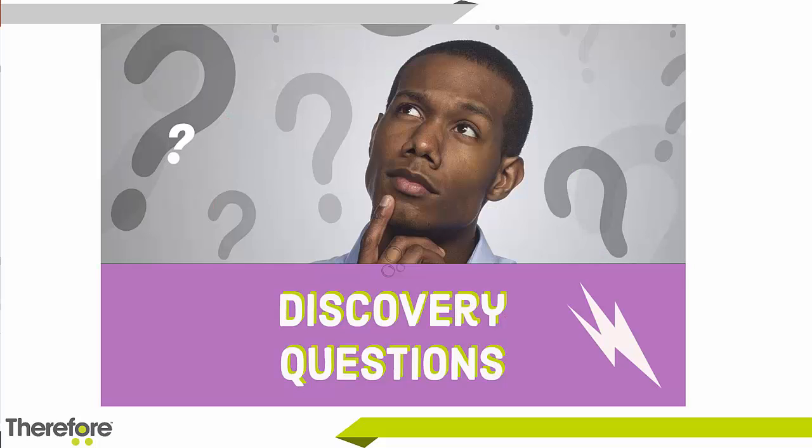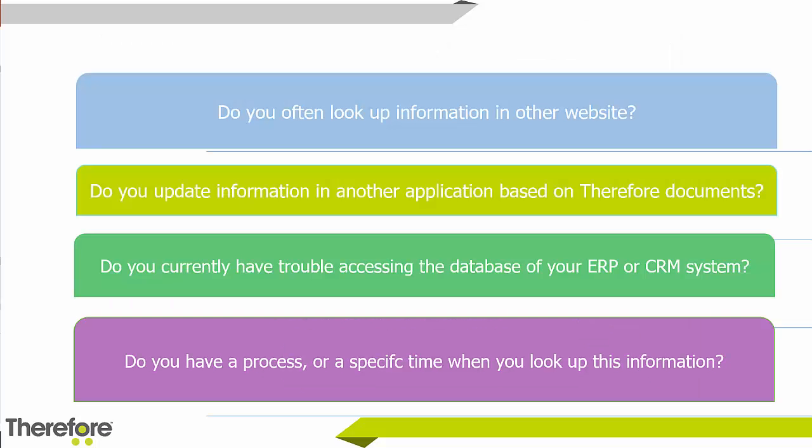All right, so I think that covers what you can do with a REST call, how REST differs from traditional integration, and some of the constraints to think about. Now let's talk about some discovery questions, because there are a lot of great scenarios where REST could be very useful. Do you often look up information in other websites? Are you continuously updating Therefore, or indexing data in Therefore, with information that you gather from third-party applications or websites? Do you have trouble accessing the database of your ERP or CRM system?